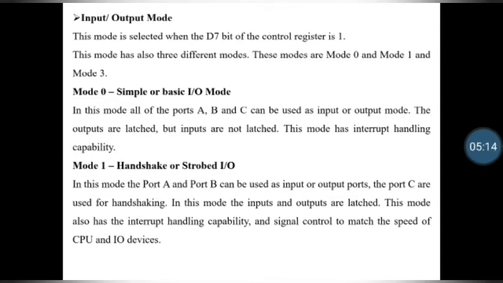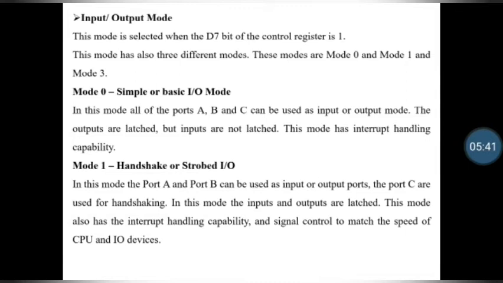In the same way, in input output mode, the last bit, that is D7, is set to 1. This mode is again divided into 3 sub modes, that is mode 0, mode 1 and mode 2, or we can say mode 3. We will discuss all these 3 modes one by one.